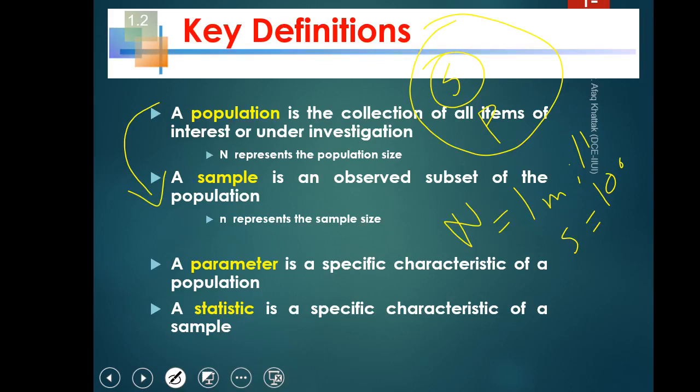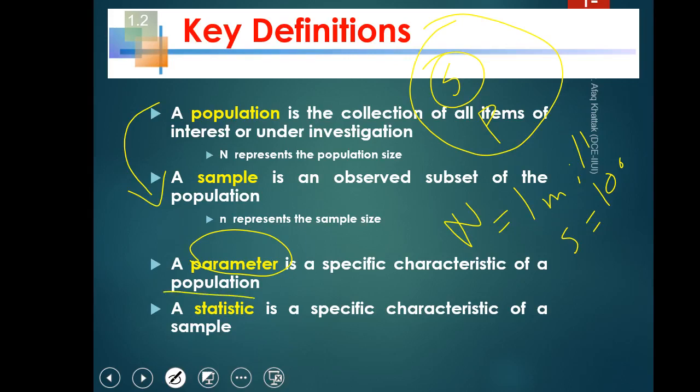Now there are some other terms that we use. A parameter is a specific characteristic of a population. For example, the mean of the population, or standard deviation of height of the population, or more specifically the mean of weight or the mean of height of the population. So mean is a parameter that is related to the population characteristics.